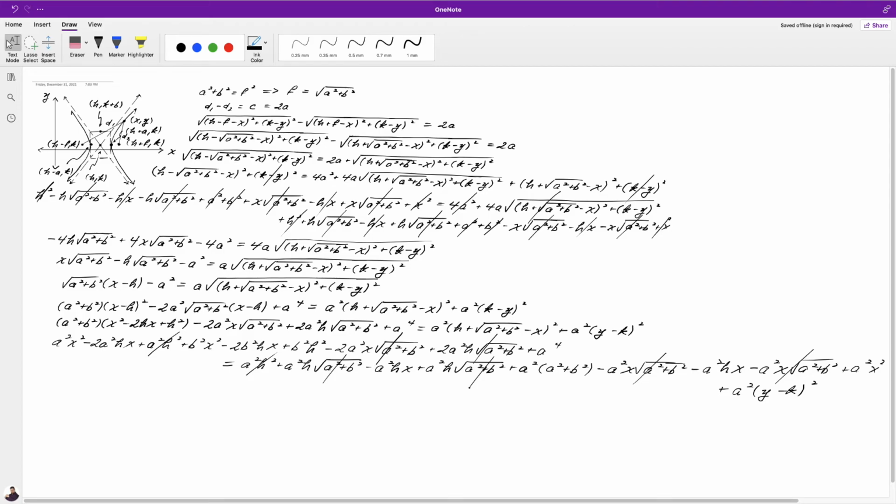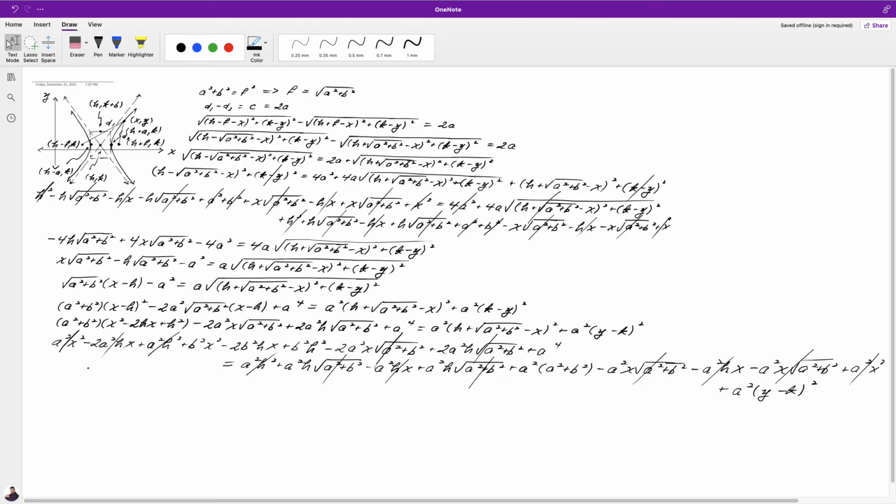That's convenient. Now, what else? I can subtract an a squared x squared from both sides. Here we've got a negative 2a squared hx, and then here we've got 1, 2, negative 2a squared hx. So these can cancel out. This is working out really nicely, isn't it?